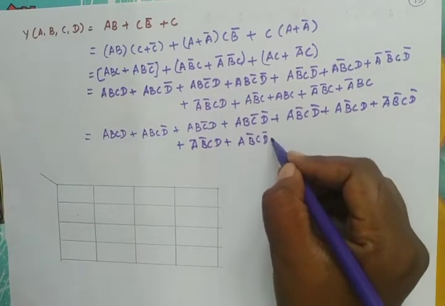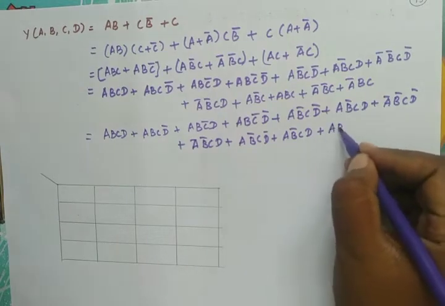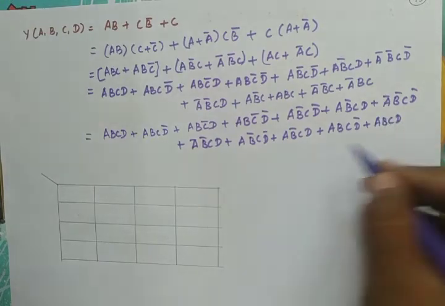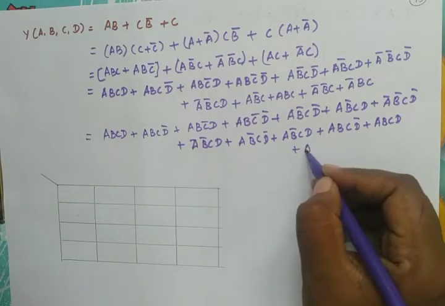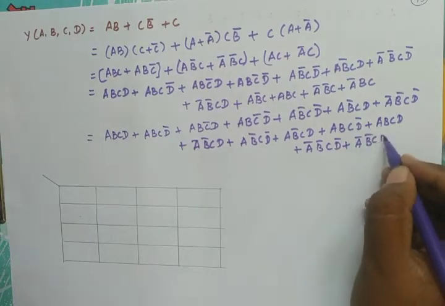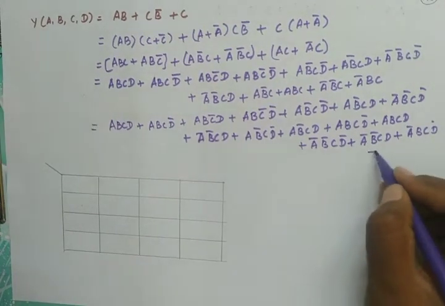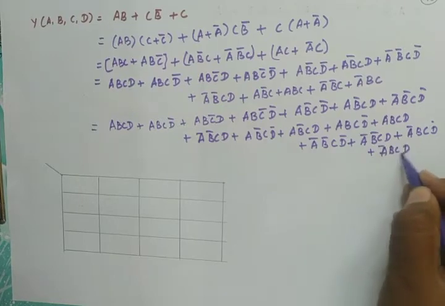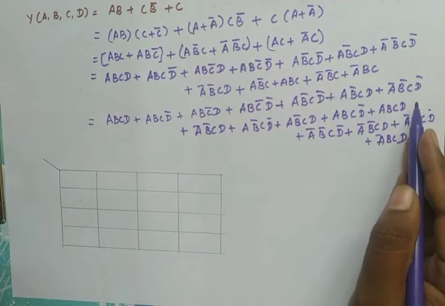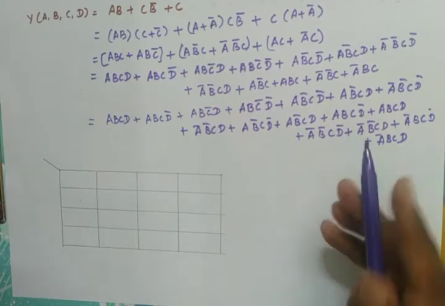So AB̄CD̄ + AB̄CD + ABCD̄ + ABCD + ĀB̄CD̄ + ĀB̄CD + ĀBCD̄ + ĀBCD and so on. So now we will get this complete canonical or standard SOP, that is standard minterm.